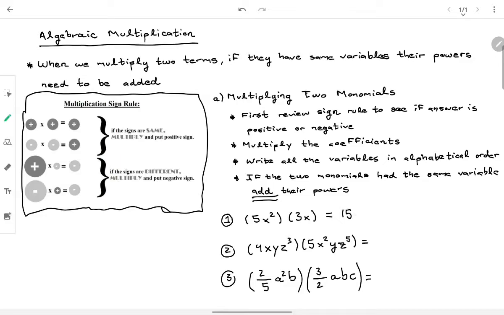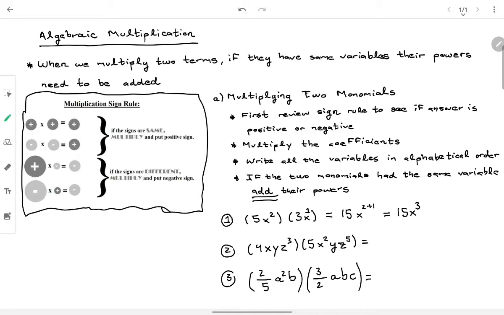Then we will write the variables in alphabetical order. In this case, we only have x. And we are going to add our powers. Remember, if we don't have anything, it's going to be the number 1. So in this case, it's going to be 2 plus 1. So our answer will be 15x cubed.